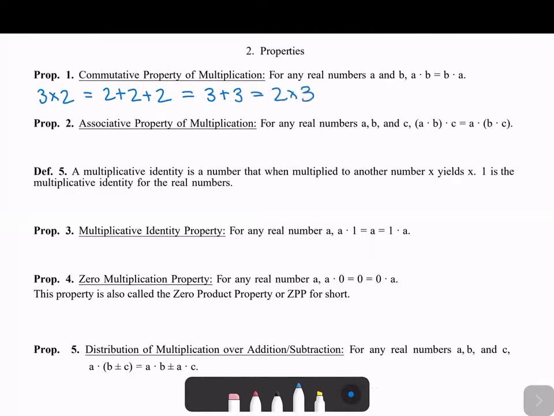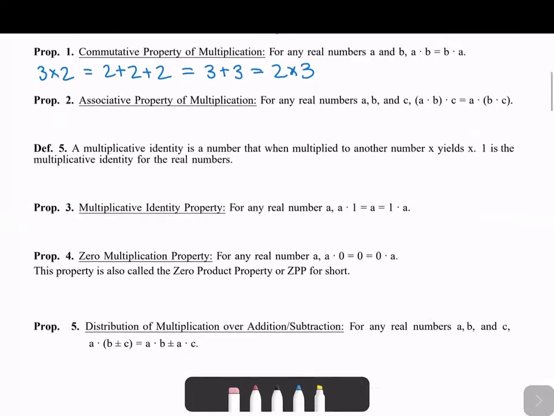So this makes a lot of sense that we can do it this way because we're adding. Addition has this property, so it makes sense that multiplication would have this property because we can even expand these out. Instead of 2, well, 2 is 1 plus 1, so we are just adding 6 ones together, and it doesn't matter which way we denote that.